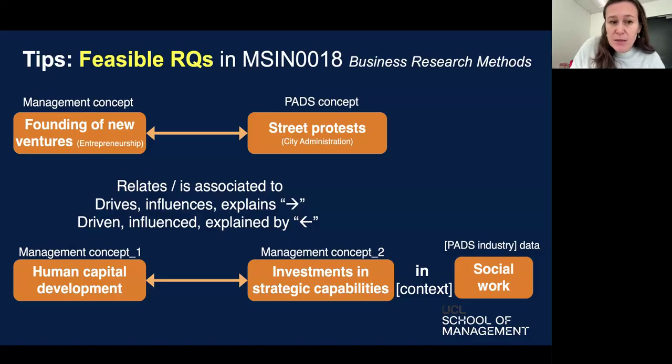Human capital development could easily be a survey sent to public servants, at least 30, as you know, it's a requirement for decent quant data.